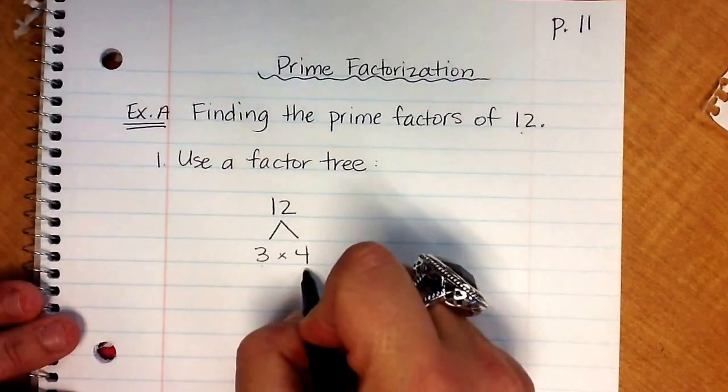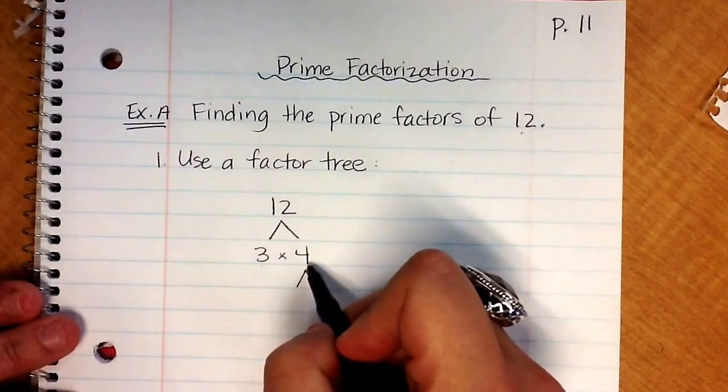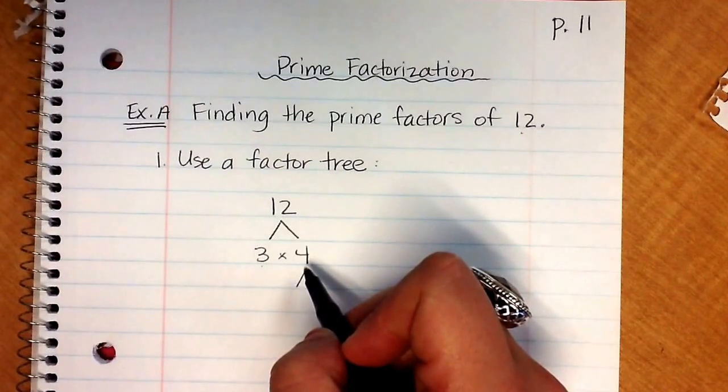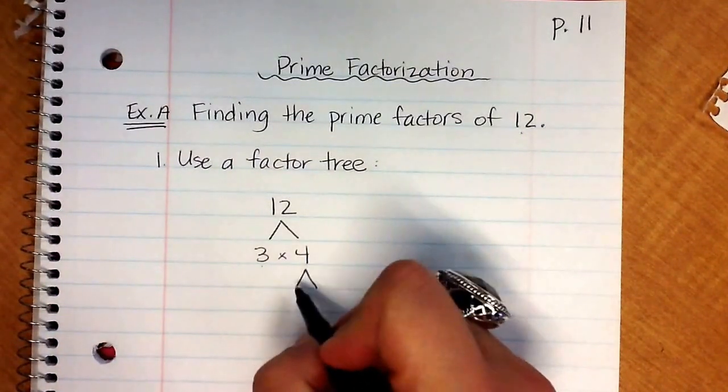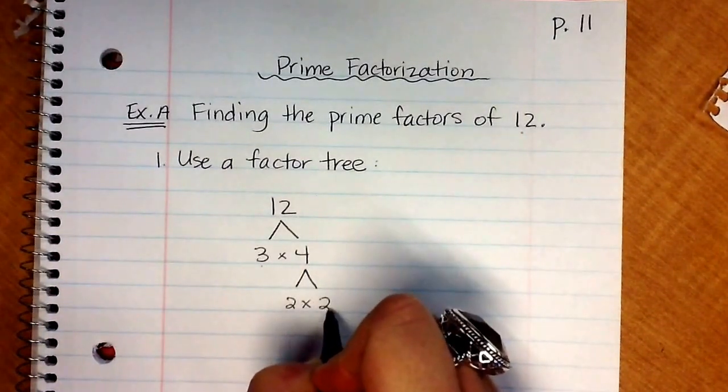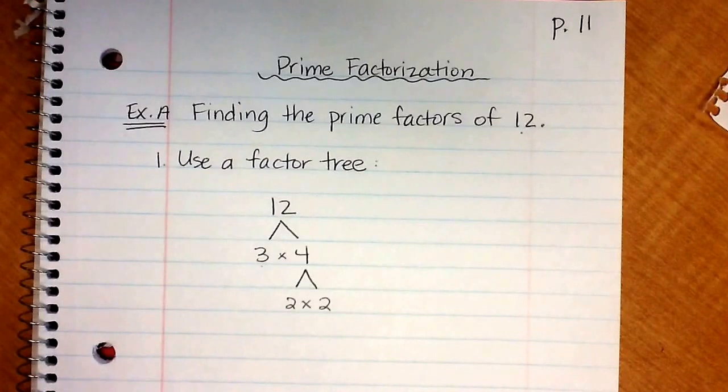So I'm going to look at my composite number, which is not prime. And composite numbers, by definition, are able to be broken down into prime numbers. The factors of 4, 2 times 2. So this is my factor tree.